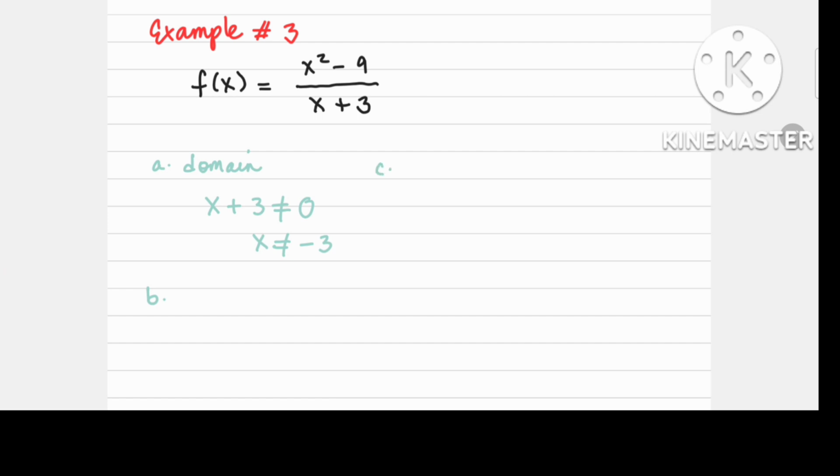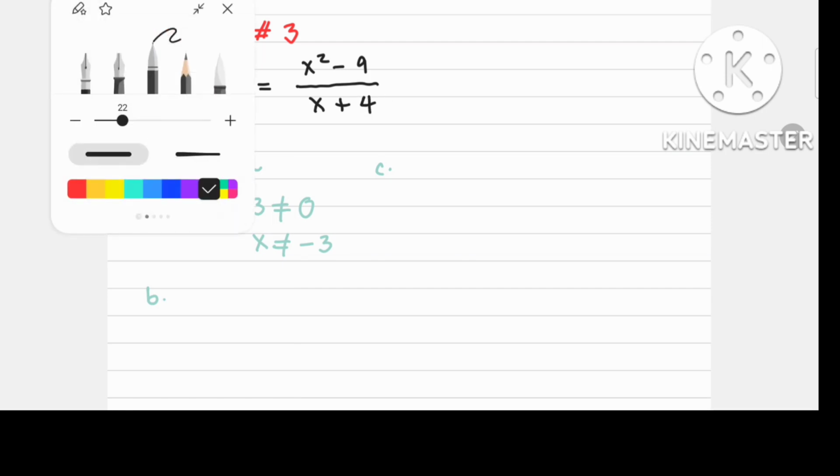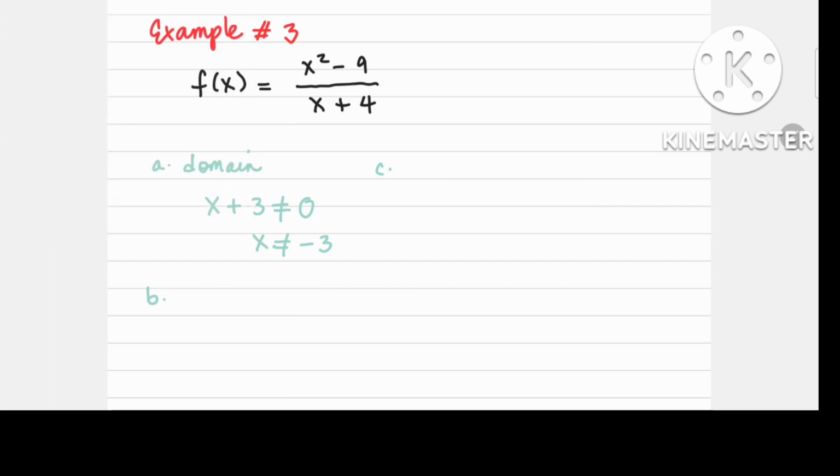To compute, let's replace this with x plus 4 instead. So let's use x plus 4. If we are going to do that, our domain will be changed as well. So this should be x plus 4 is not equal to 0, so x is not equal to negative 4.